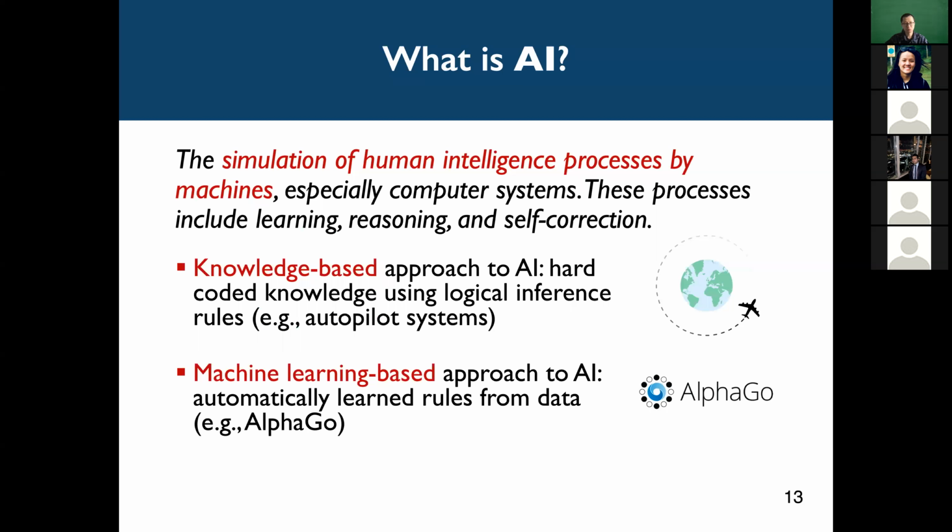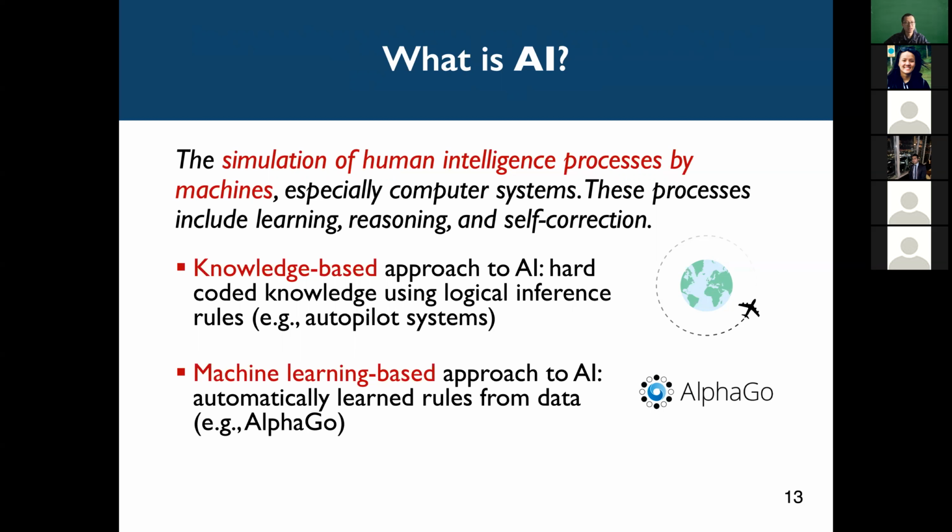There are typically two types of artificial intelligence. The first one is the knowledge-based approach. What is the knowledge-based approach? We have the knowledge of how it works, and we have the rules of how it works. So we convert the knowledge or the rules into an automated program.